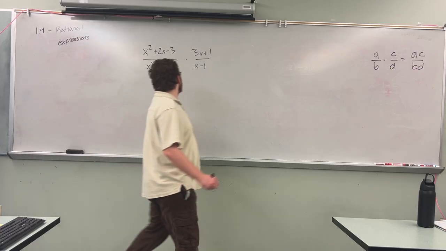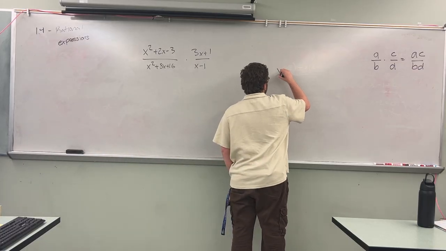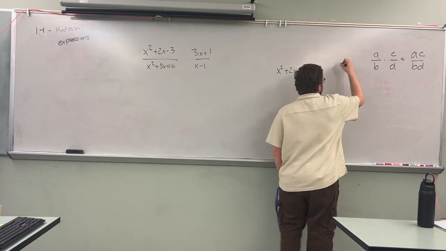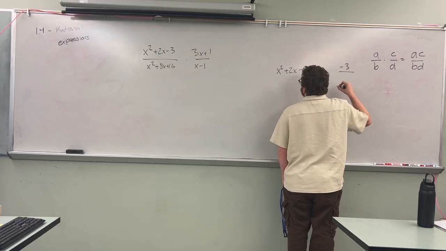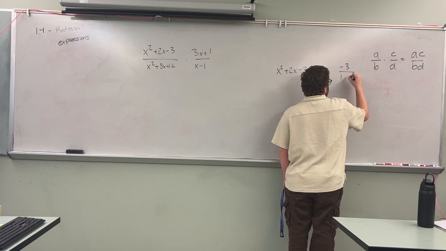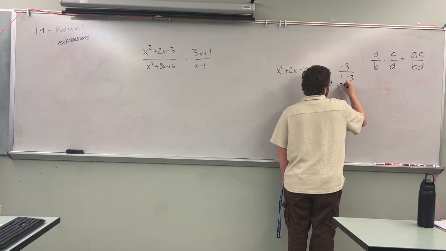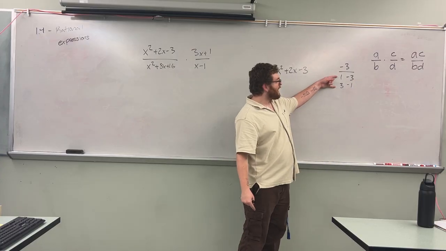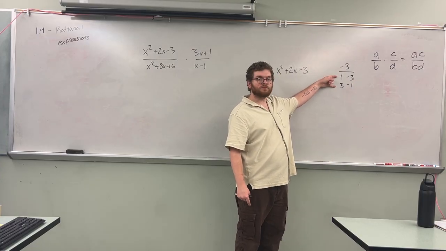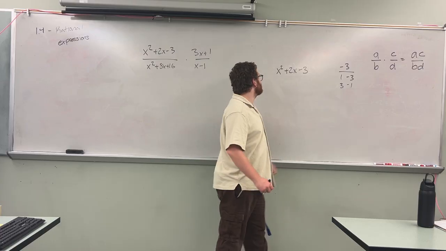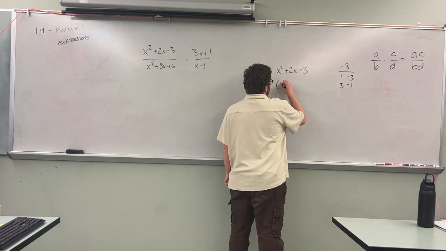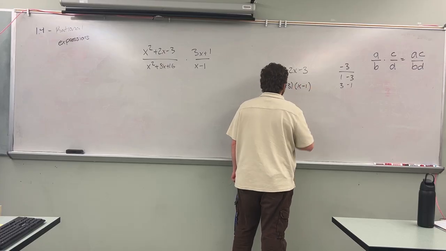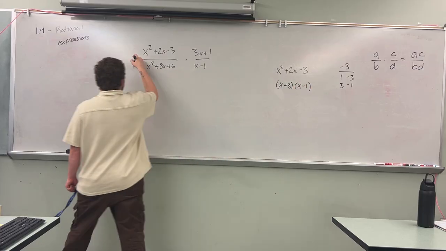So I'm going to first factor x squared plus 2x minus 3. Factors of minus 3 include 1 and negative 3, and negative 1, or 3 and negative 1. Which of these add to positive 2? 3 and negative 1. So I get x plus 3 times x minus 1. So that's that first part.